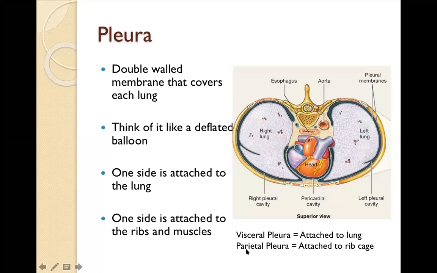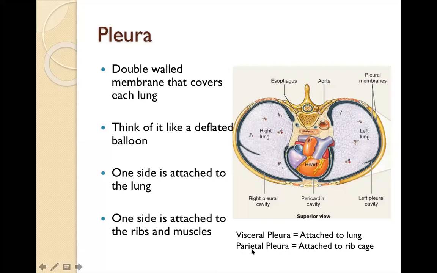If you recall the pericardium, there was a visceral pericardium attached to the heart itself, and the parietal pericardium was just superficial to that, attached to the fibrous pericardium. The parietal pericardium was not attached to the organ itself, and that's exactly the same thing as the pleura.